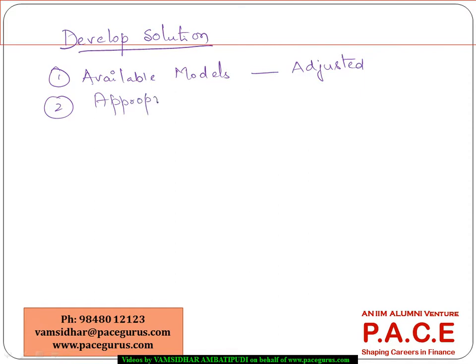If with a minor amount of modification or adjustment you can use it, choose the appropriate model, and in case nothing is suitable, get into the construction of such a model.